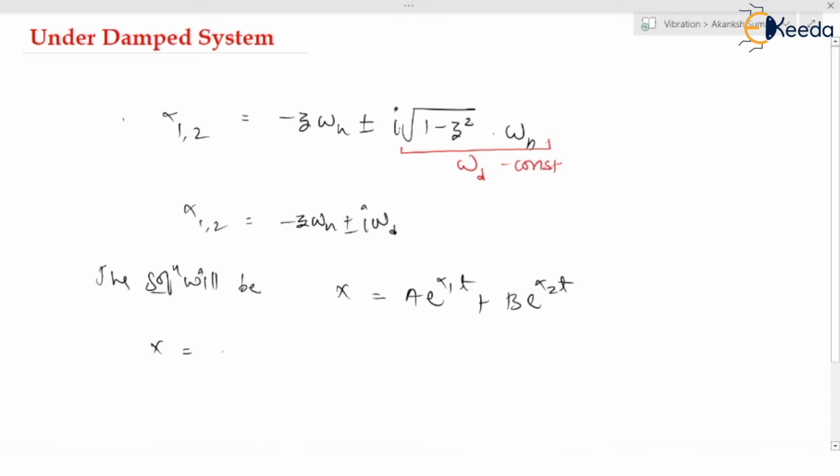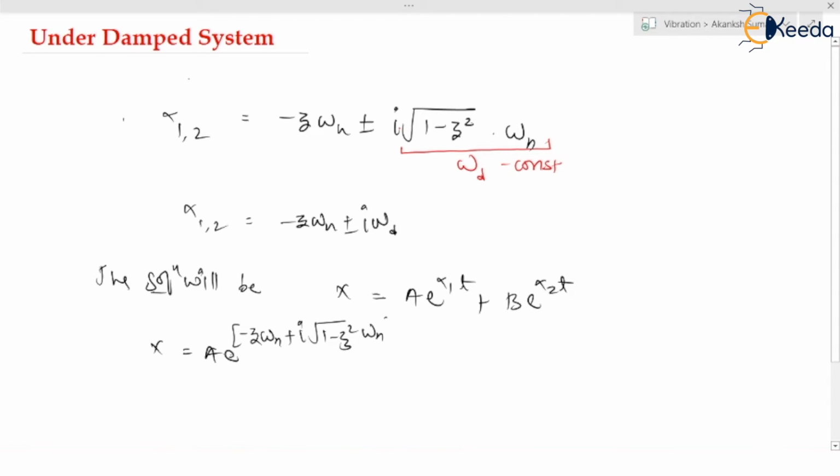We have to do this carefully, so that there will not be any sign convention mistake. e to the power alpha 1. Alpha 1 means minus zeta omega n plus iota under root of 1 minus zeta square omega n. The plus sign I'm going to consider first.